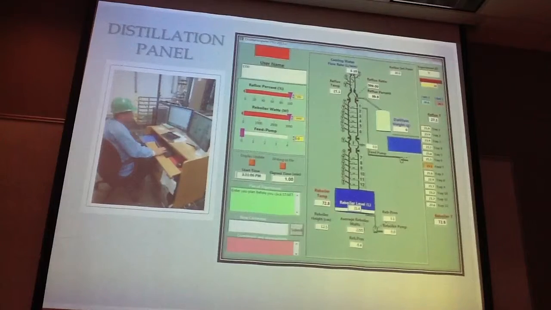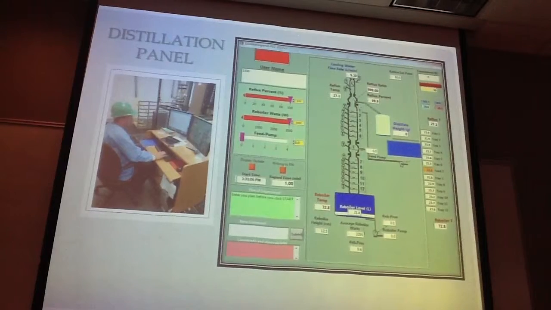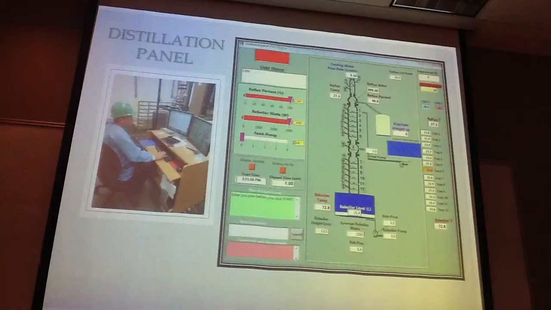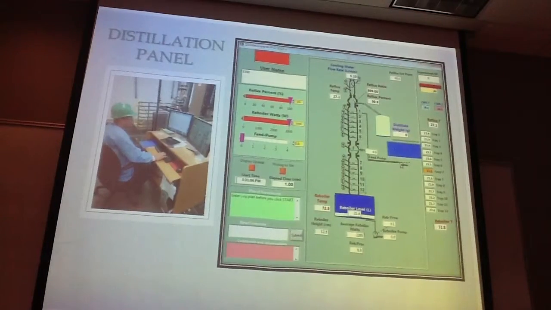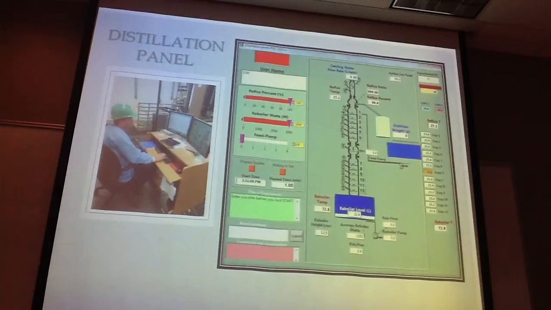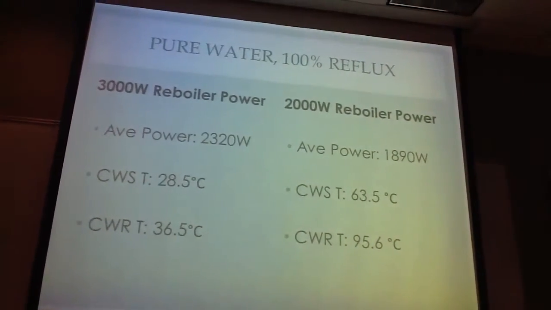So you can see where you control the reboiler watts and the reflux percent, which is the amount of the reflux that's being cycled back into the system as opposed to collected as distillate. Also, you notice up in the upper left-hand corner below where the time is, there's a cooling water source temperature and a cooling water return temperature, which brings me to the next slide.